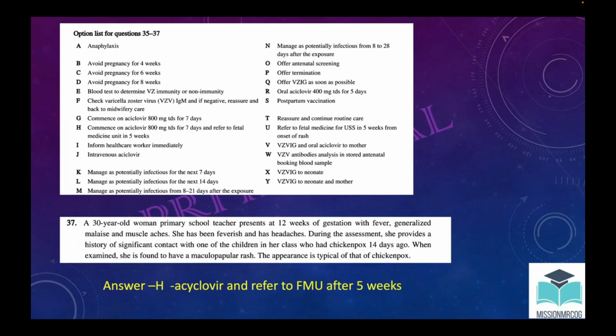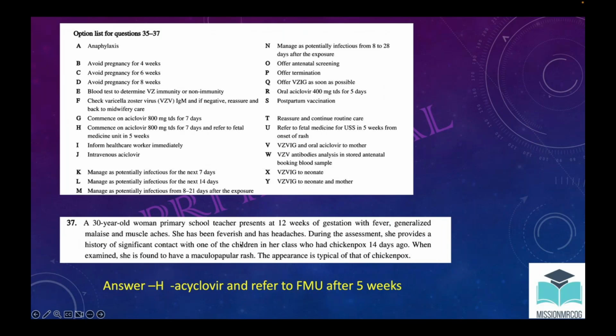Okay, so here you will give her oral treatment and refer her to the fetal medicine unit after 4 to 5 weeks. Hospital admission is only done, as I already told, if the patient has hepatitis, pneumonia, a dense bleeding rash, or photophobia, seizure, encephalitis, all these kinds of symptoms. That time the patient would require admission in the hospital with ICU.